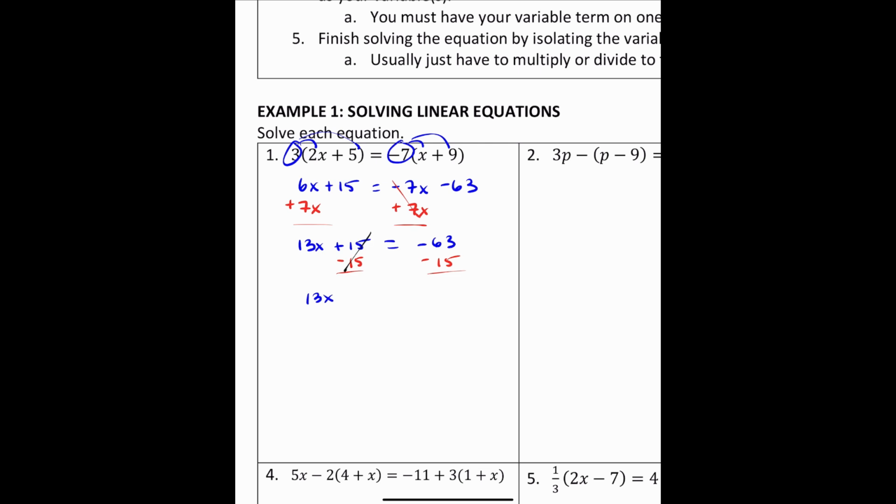These two numbers will go away, so I have 13x equals -63 minus 15. I'm starting negative and then tacking on more negative, so I have -78. Then I will divide both sides by 13 here. So I have x equals -78 divided by 13 is -6.